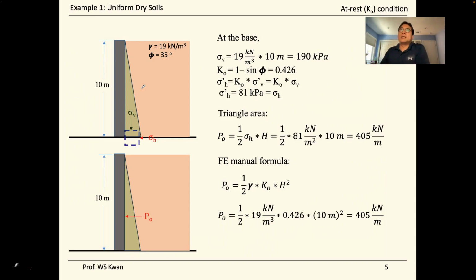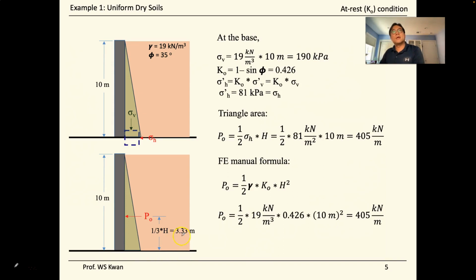But anyway, now we have found P naught. The missing information now is the location. Again, we only have one stress diagram here, which is a triangle, and we know the centroid of a triangle is at 1/3 of the height. So if you know the height, you divide by 3.